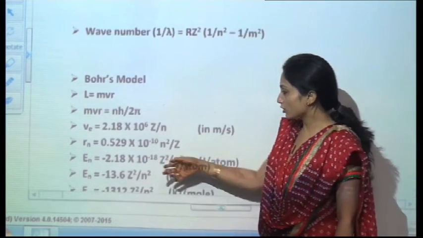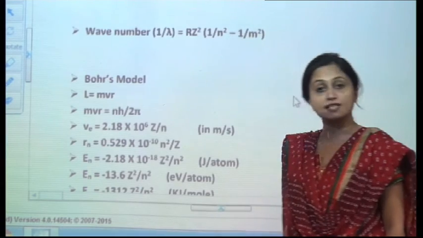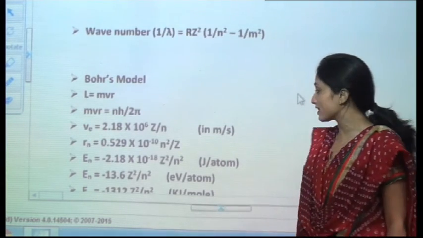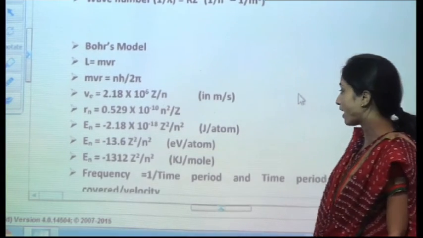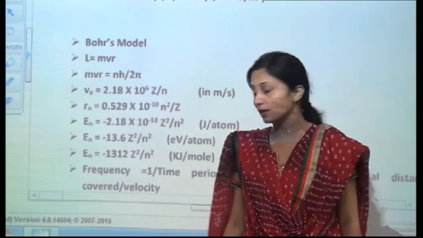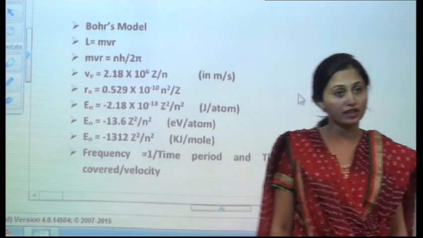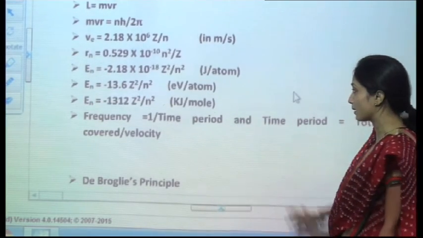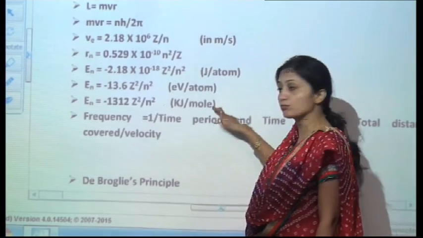Okay, so then you have one value which is minus 2.18 into 10 power minus 18 Z square upon n square. Another one is minus 13.6 Z square upon n square, that's in electron volts. And then in kilojoules per mole, that is minus 1312, again with the Z square upon n square factor. I hope you remember how we got from joules per atom to kilojoules per mole.